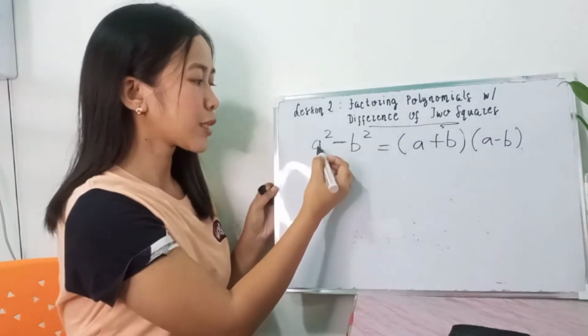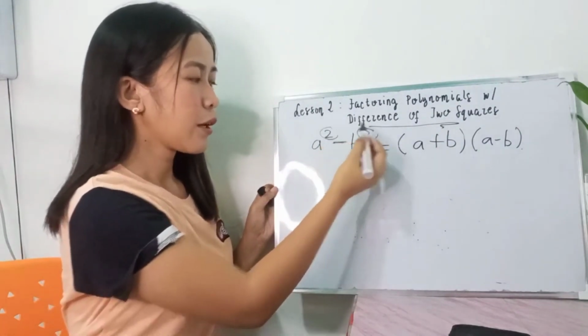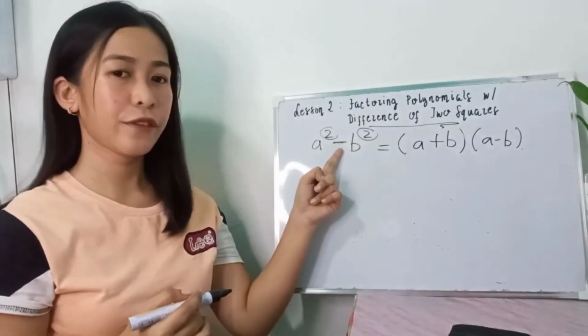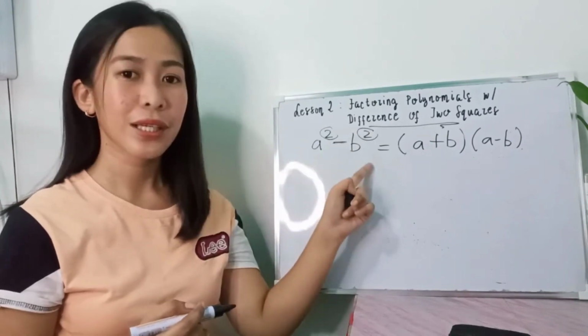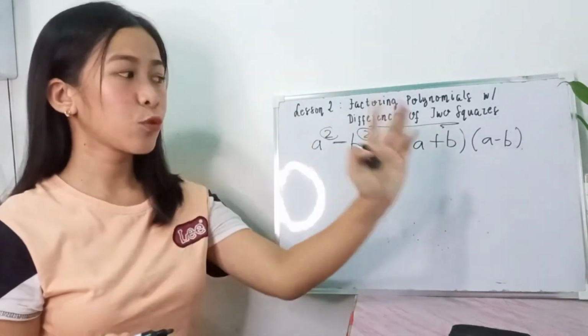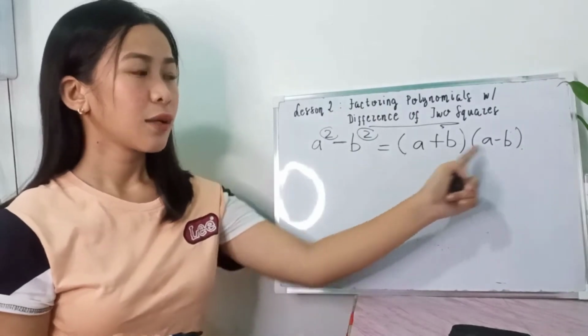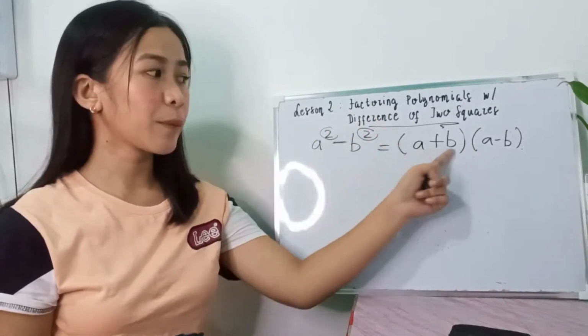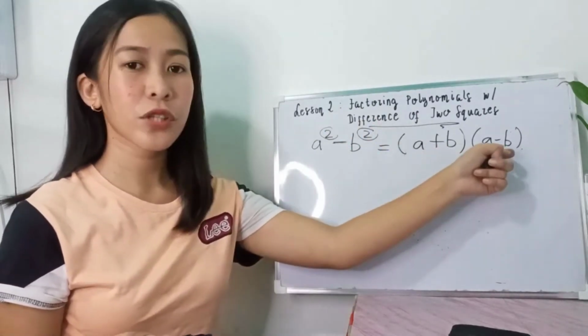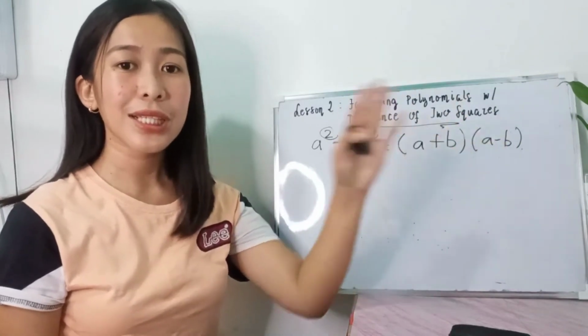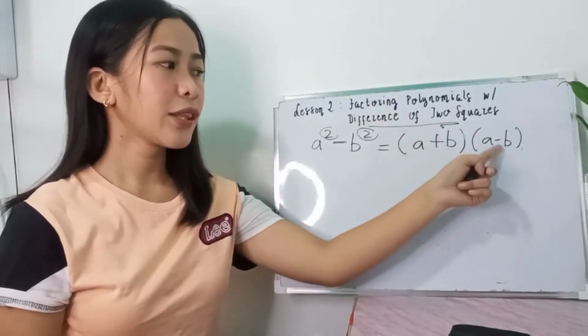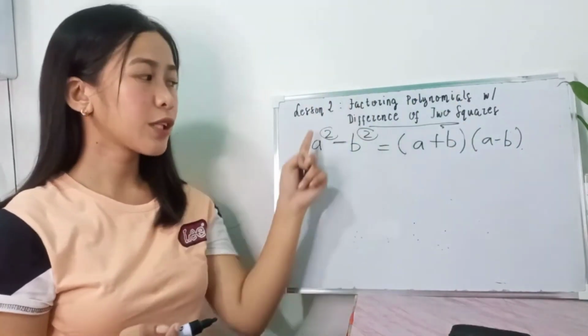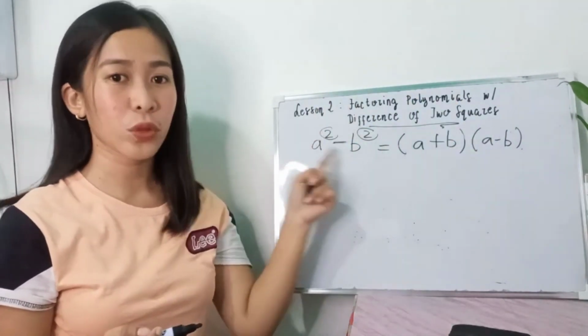Okay? And then as you can see, we have here square and square, and that is difference of two squares. And of course, the pattern would be the product of two binomial. This is a binomial, this is also a binomial, which is the sum, etong sum, and difference of the square root of these two terms.